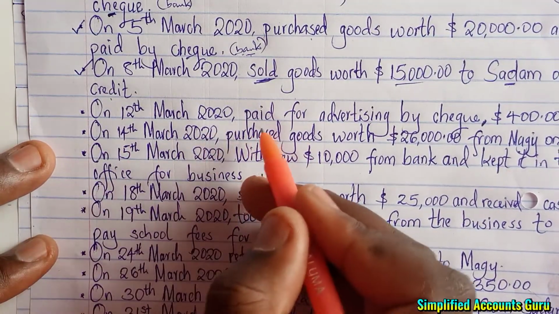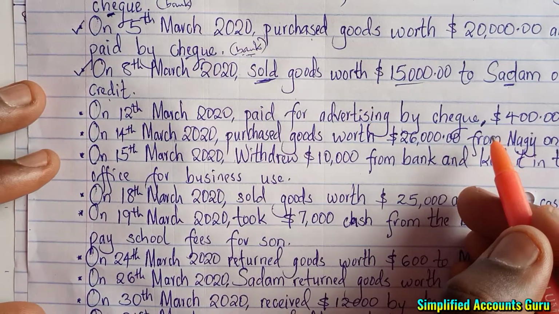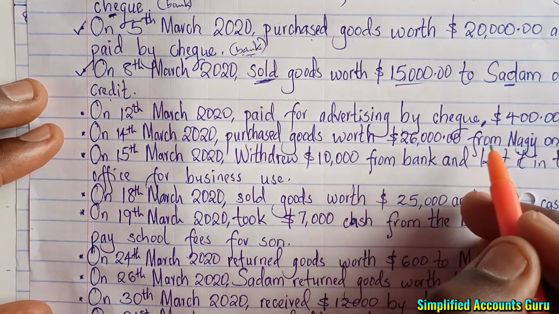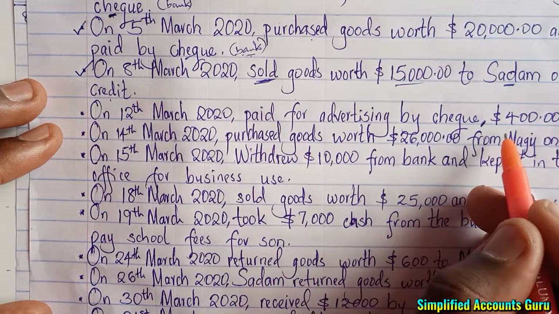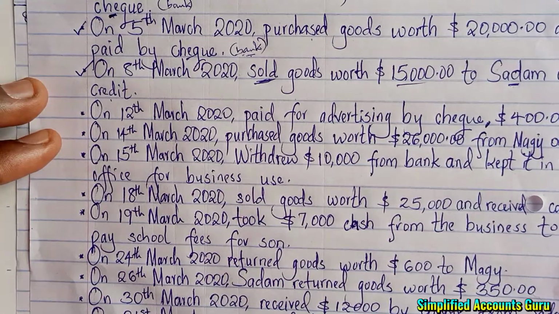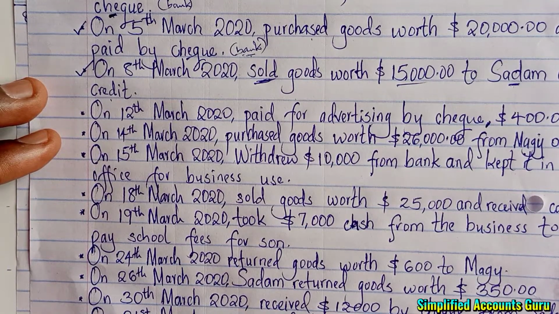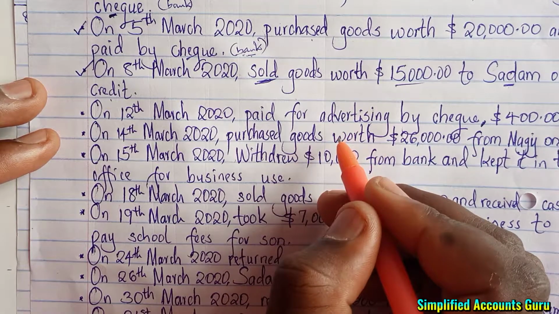On 12th March 2020, paid for advertising by check worth $400. $400 were paid out to a company that was offering advertising services to Bestie's business. So now that means it is an expense.